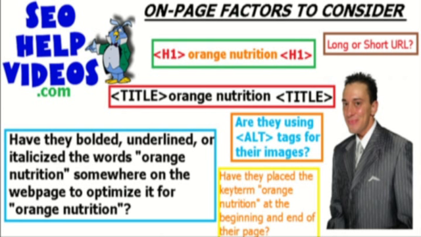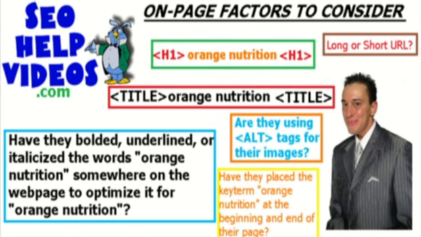So in summary, I'd really like to point out the fact that yes, good on-page optimization is something you definitely want to do. However, it's not how you make the most dramatic changes in your search engine ranking. Okay? Now, in a minute here, we're going to be looking at off-page factors.